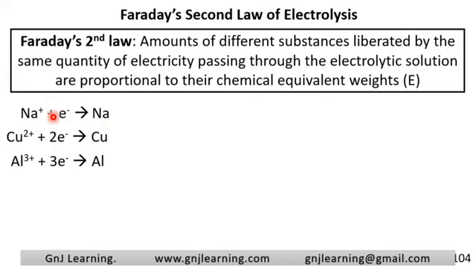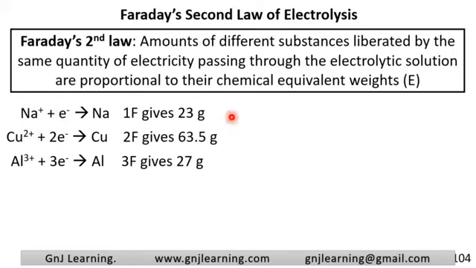charge should I pass through the cathode? This is actually 1 mole, which means I am supposed to pass 1 Faraday. 1 Faraday gives 23 grams. In the second case, to get the molar mass of copper, 63.5 grams, I am supposed to pass 2 Faraday of charge through the cathode.